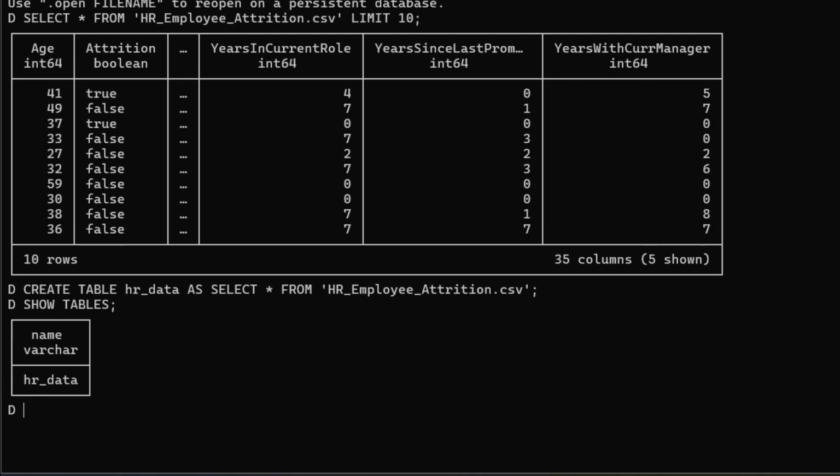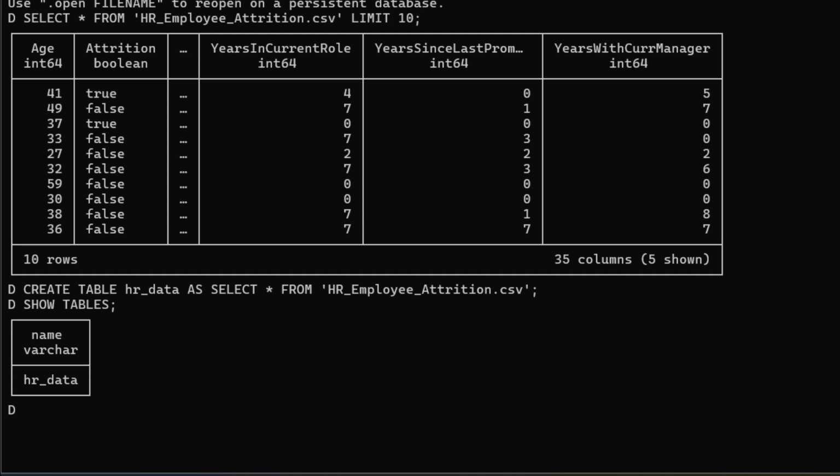Now we are going to use HR data like a normal SQL table, like we used to do in our videos. Before analysis, we should know how big our data is. Our dataset might be simple or tiny. We need to know how many columns and rows there are.